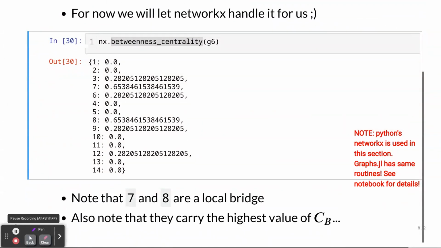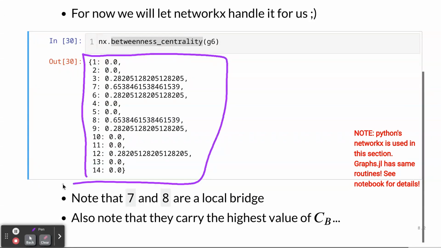So our intuition about which edges are really significant in order to form paths between different sets of nodes is made concrete, or quantitative, by this betweenness centrality measure.